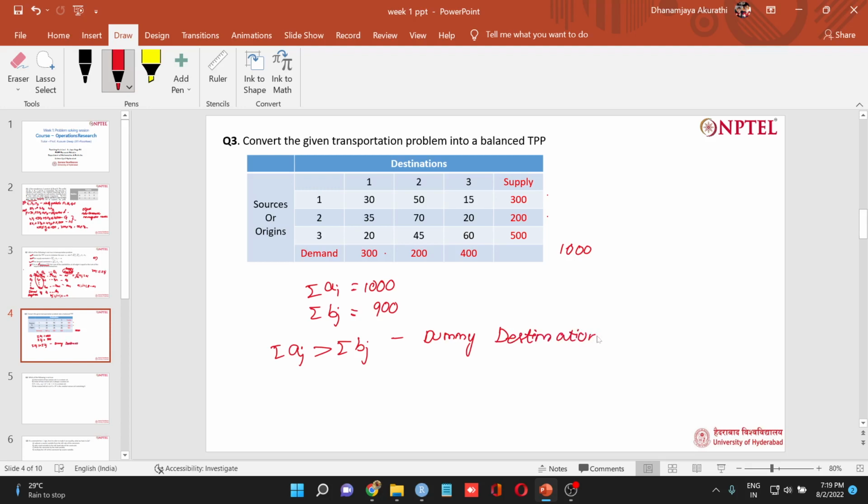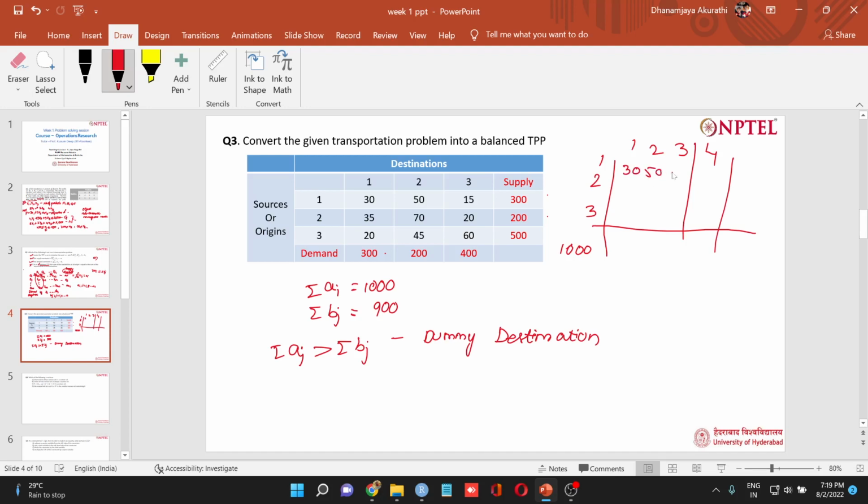in such a way that the cost coefficients are assumed to be 0. Here the cost coefficients are 30, 50 and 15 like that. While adding the dummy destination, the cost coefficients are assumed to be 0, so that we are only balancing the total demand and total supply. The sources are 1, 2, 3 and the destinations are 1, 2, 3, and we are adding another destination.